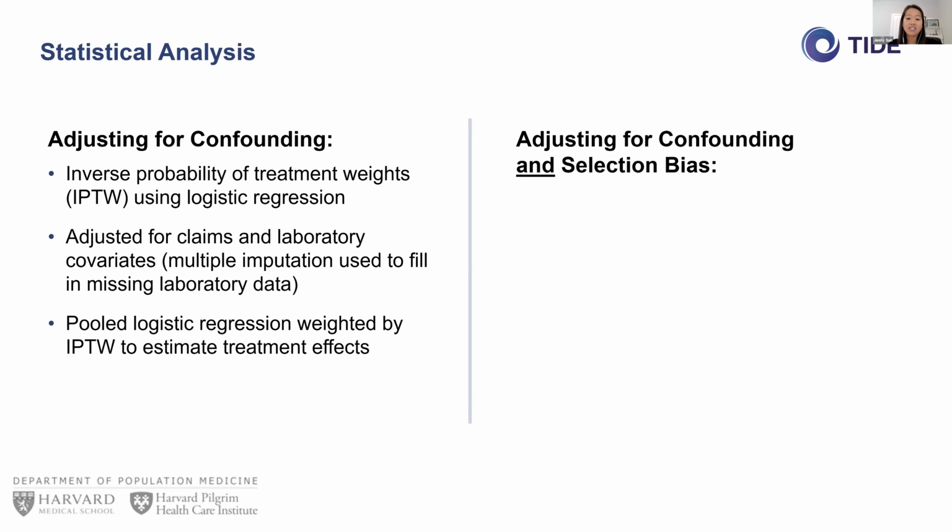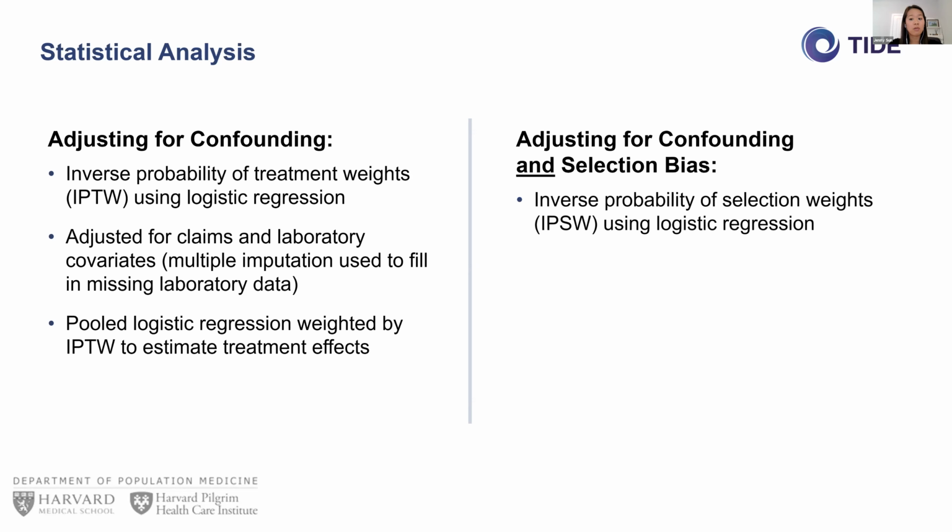In the second analysis, we adjusted for both confounding and selection bias. First, we used inverse probability of selection weights to estimate the probability of selection into the linked cohort conditional on measured covariates. This weighting creates a pseudopopulation in which the distribution of measured factors related to selection are expected to be balanced between the full cohort and the respective linked cohort.